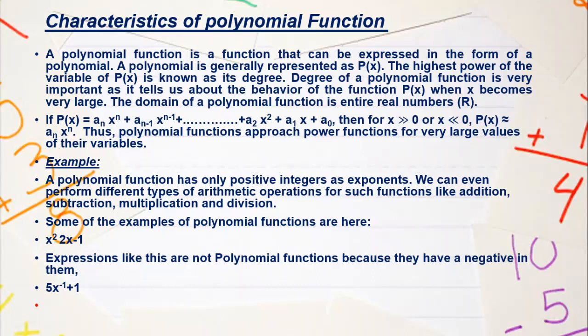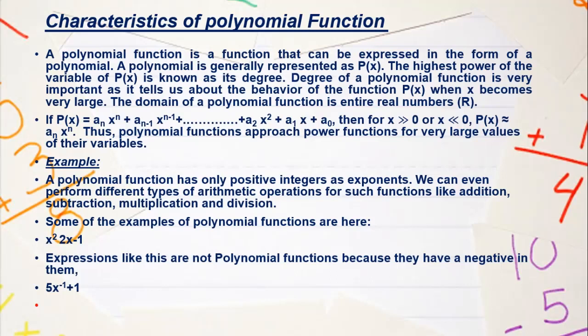So some examples of polynomial functions are here, giving an example of x squared, 2x^(-1). So these expressions are not polynomial functions because they have a negative exponent in them. If we put a positive in the place of negative, it could be a polynomial function. And giving another example of 5x^(-1) plus 1.